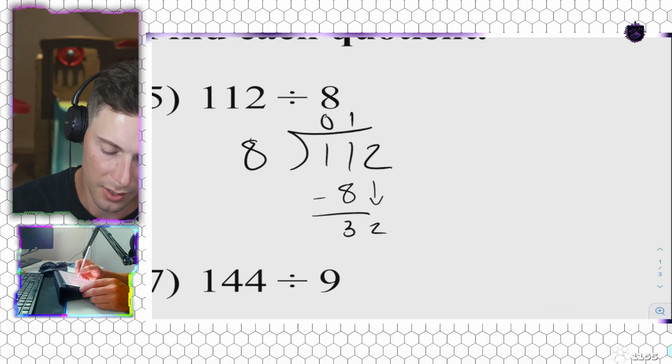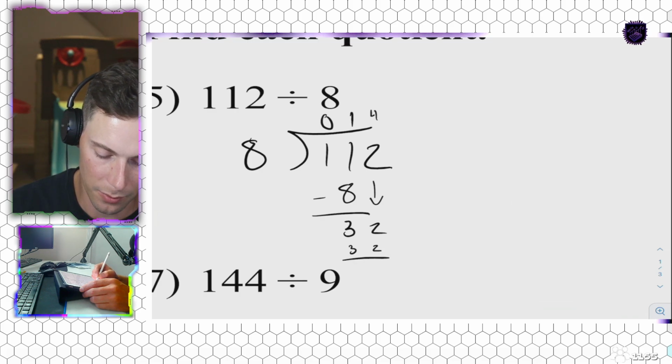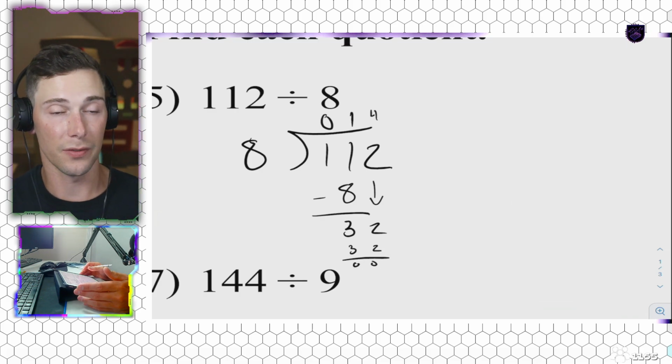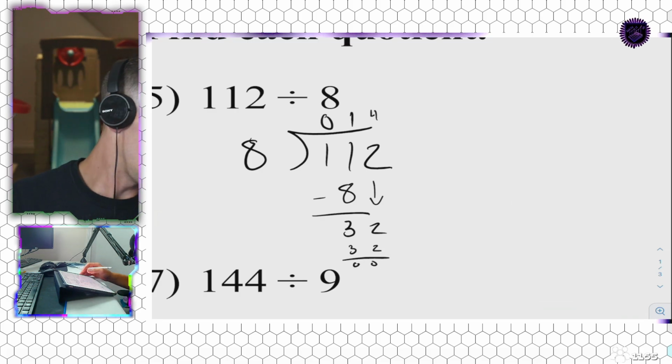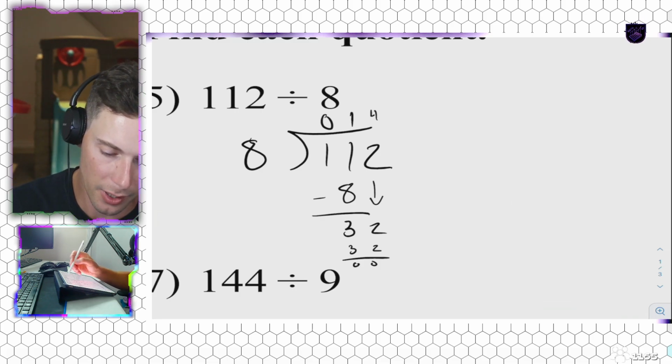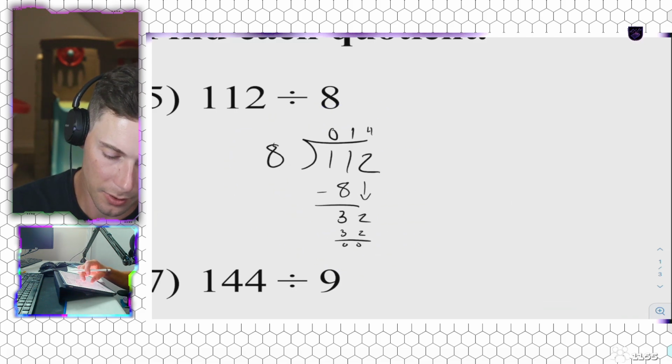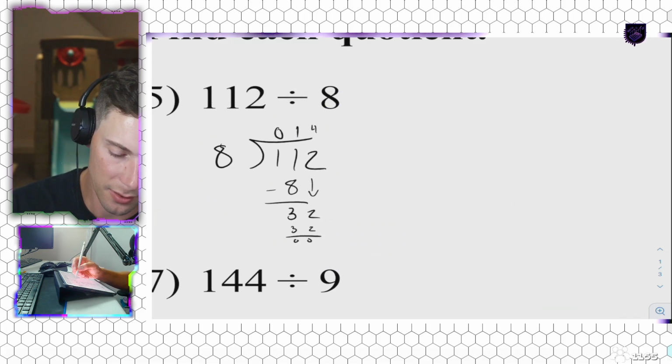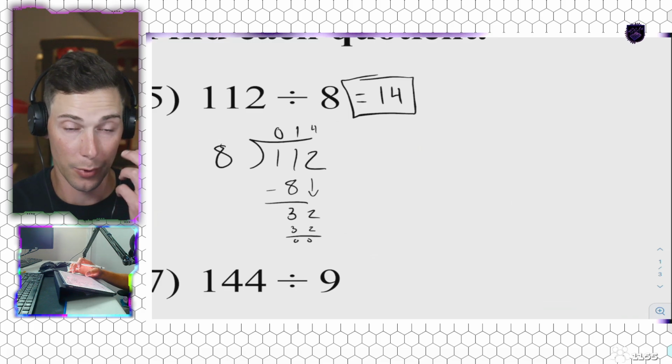It does, and it goes in 4 times. And it goes to exactly 32, leaving us with a remainder of 0. Excuse me. And so for our answer, just like clear this up a little bit, we can write equals 14, and we can box our answer because that's important.